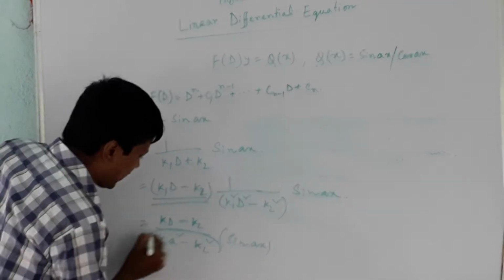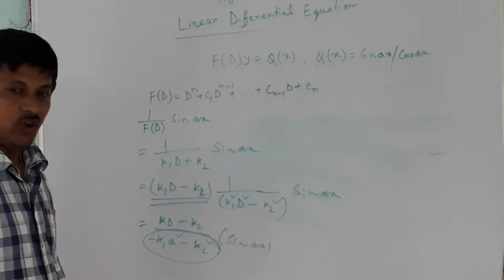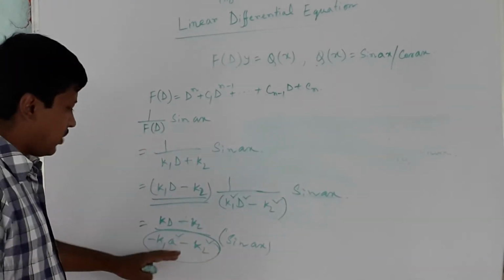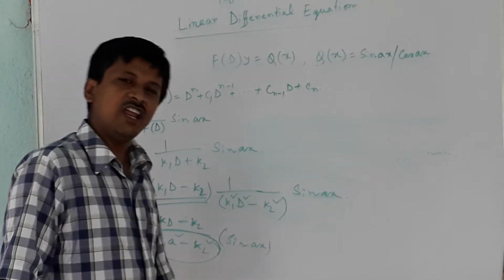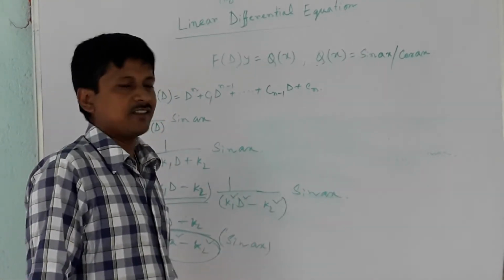Its value is very simple, but we can calculate it provided this constant is not equal to 0. If its value is 0, then we need to apply another technique, which we will discuss later.